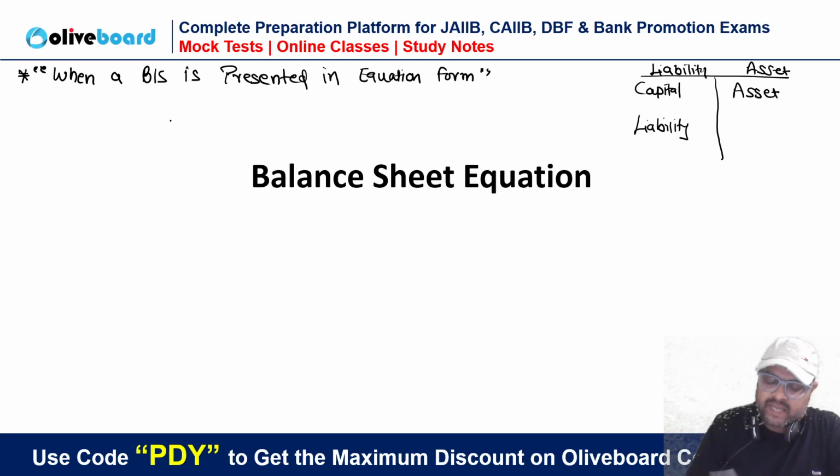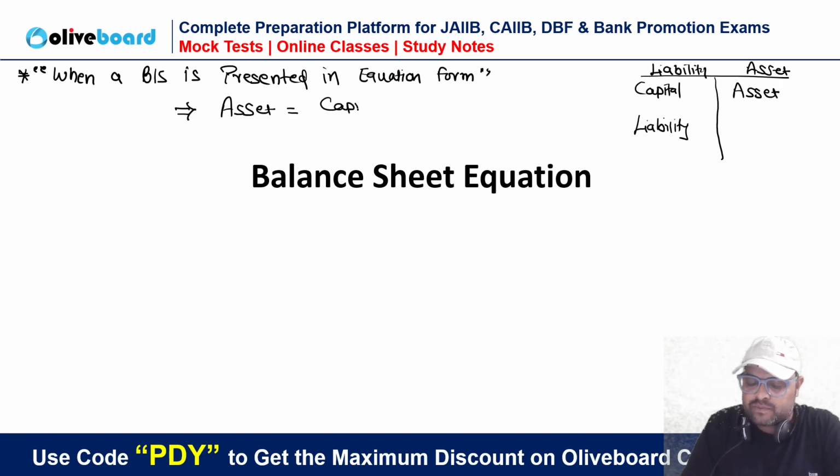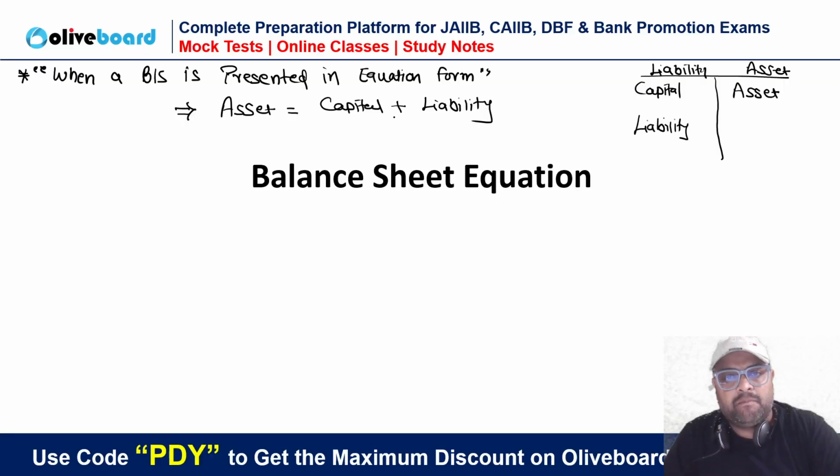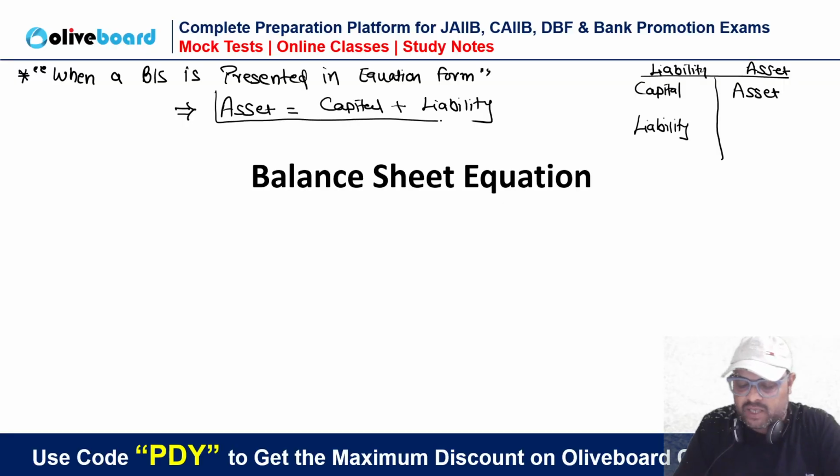If I present this in an equation format, asset is equal to capital plus liability. That becomes the main basic accounting equation. This is the basic accounting equation.